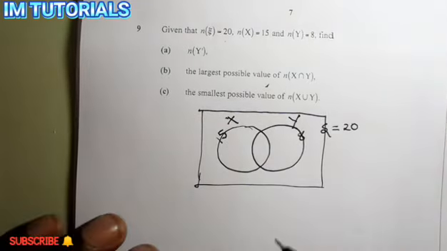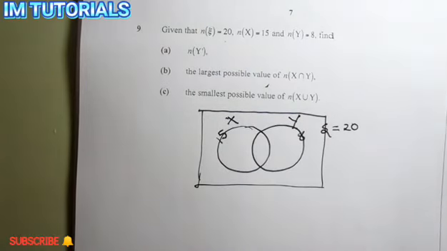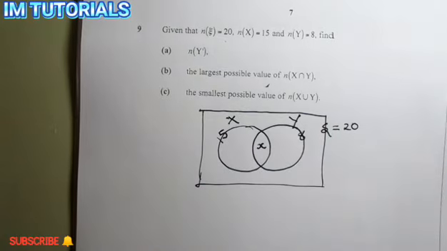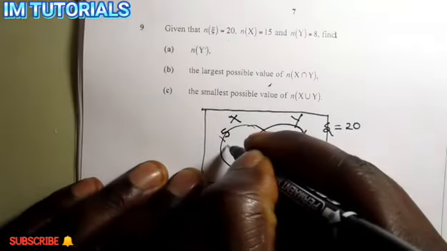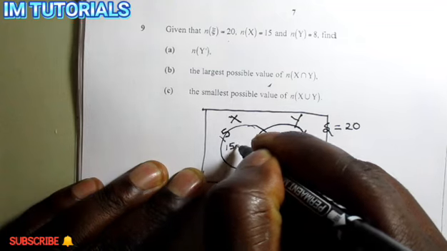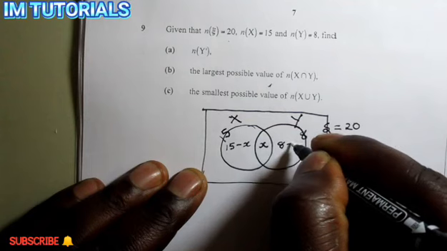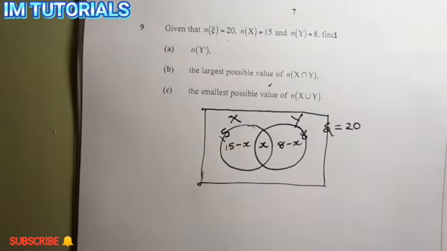Right. So, what is the number of terms with both x and y? That number is unknown. So I'm going to put x here to represent the unknown number. Then this is represented by 15 minus x, and this is represented by 8 minus x.